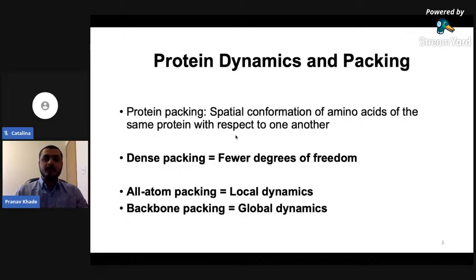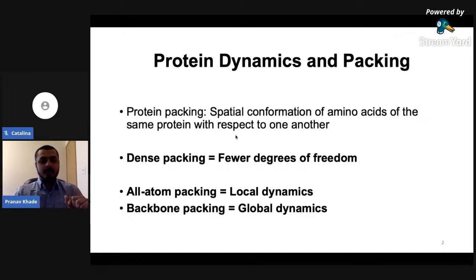So from the name, you can see that in order for the protein to work, some areas need to be densely packed and some parts of the protein are not so densely packed. So we are going to study this property or characteristic of the protein and use it to predict the dynamics.